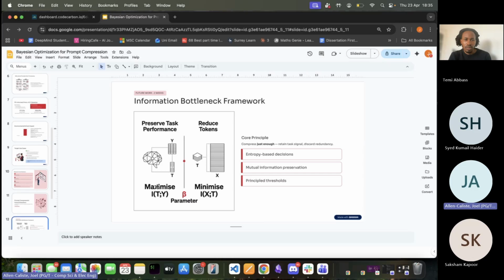And the goal is to maximize the task information and minimize how compressed we are, and we'll end up with a trade-off parameter to see if tasks are even worth compressing.